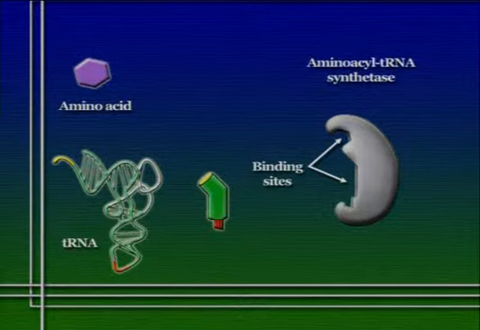So the structure of this protein has a region in it that will interact because of its shape and the unique physical chemical characteristics of the molecule or the atoms around that piece of the shape, will interact specifically with just one kind of tRNA based on the structure of that tRNA. The other binding site of the aminoacyl tRNA synthetase molecule is specific for just one kind of amino acid.